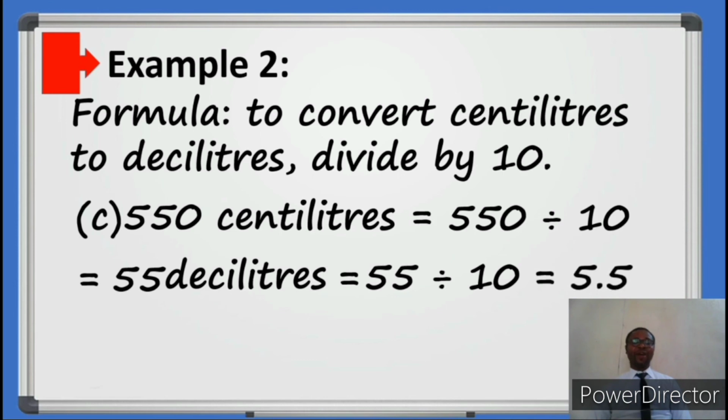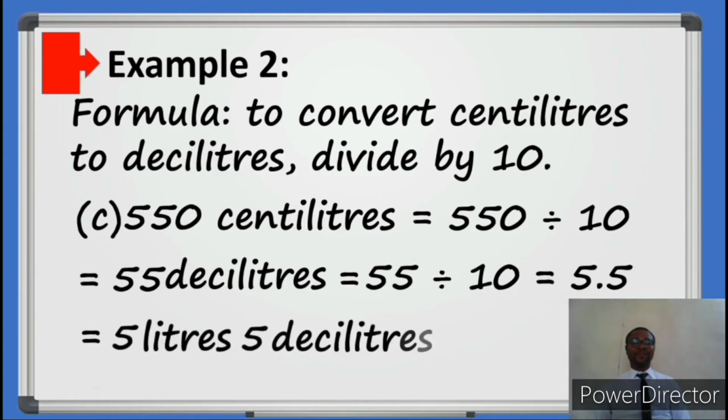Remember, dividing any number by 10, just move the decimal from the right to the left once. If it's a whole number, assume a decimal is behind the last number. Place it between the two fives, so you have 5.5. Now how do we write this answer in liters and deciliters? The answer will be 5 liters and 5 deciliters.